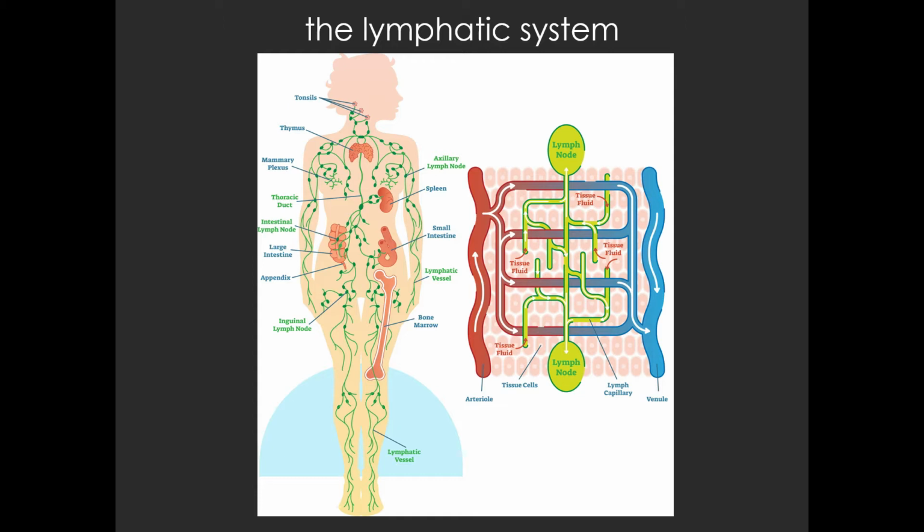On the left-hand side here, you can see these lymph vessels permeating every part of the body and then joining up into lymph nodes, and then those lymph nodes building into larger and larger vessels, and then, as I mentioned, pooling and spreading back into the bloodstream once they've been filtered through the lymphatic system.